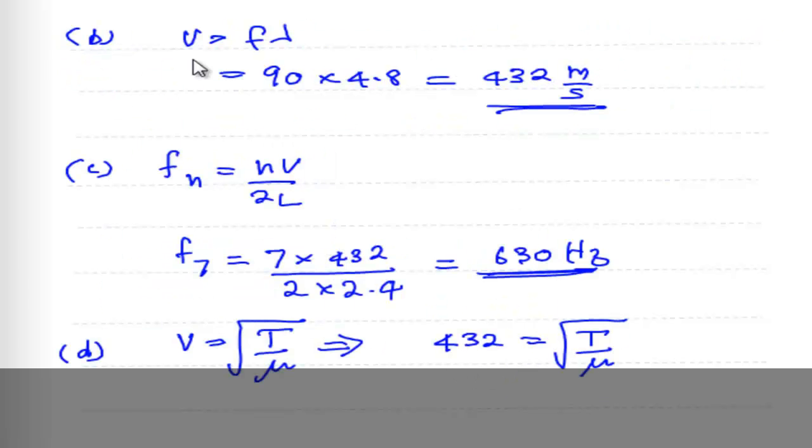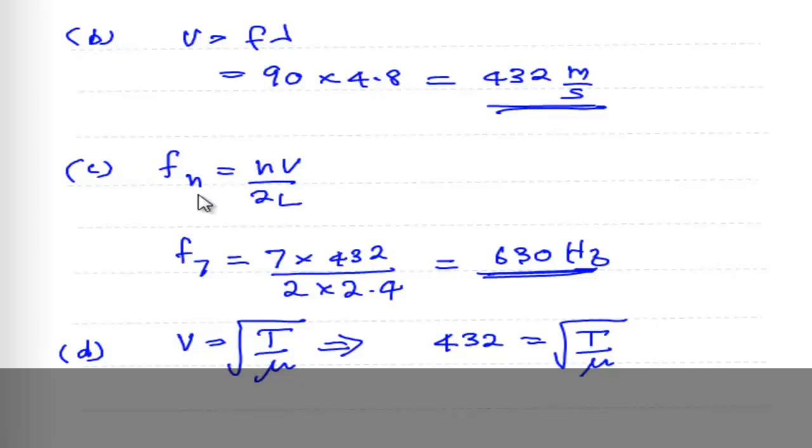B, to find the speed of the wave, we know that speed is f times lambda. f, or the frequency of the fundamental mode, is 90 Hertz, and the wavelength we found is 4.8. So the speed is 90 times 4.8, which is 432 meters per second. And the third question is to find the frequency of the 7th harmonic.